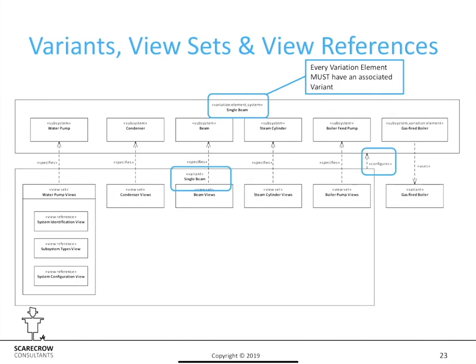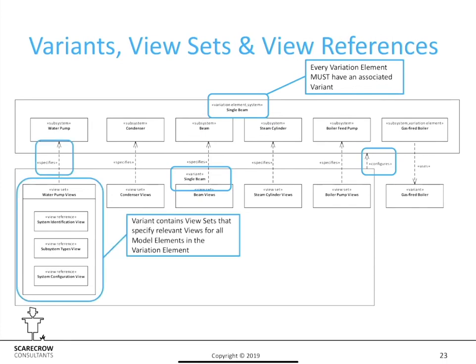So every variation element has to have an associated variant. So again, as soon as you create the variation element, you can automatically create the variant that configures it. And again, we do that through scripting.